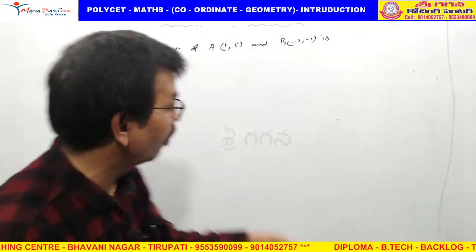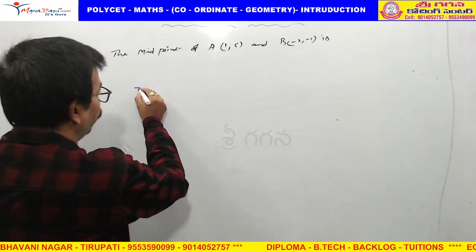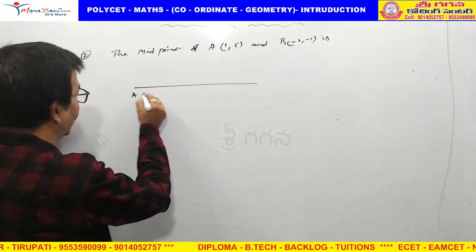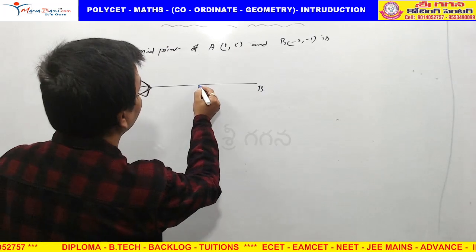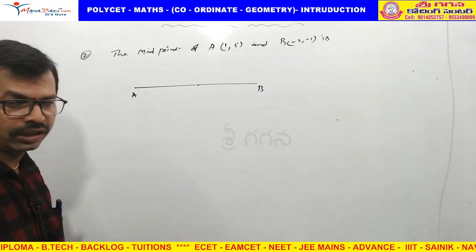Midpoint they are asking. Okay, clearly I said. So if we take a straight line, this is A, this is B. In between midpoint means here will come. Equidistant you have to take.